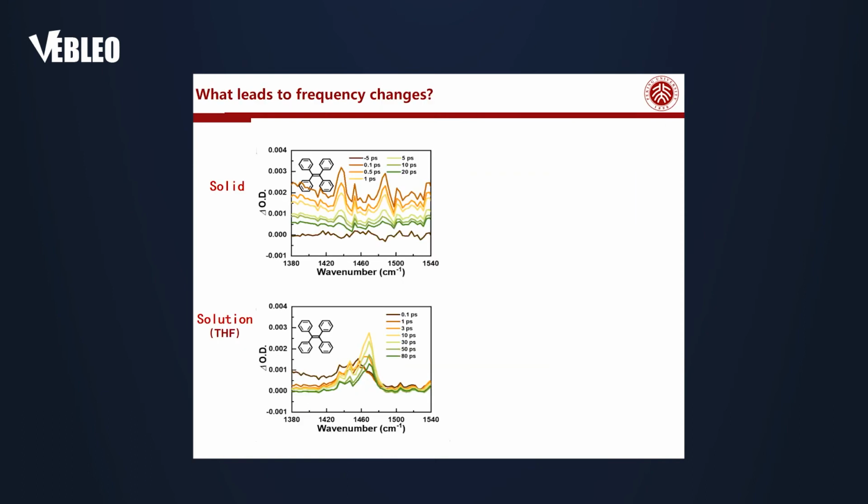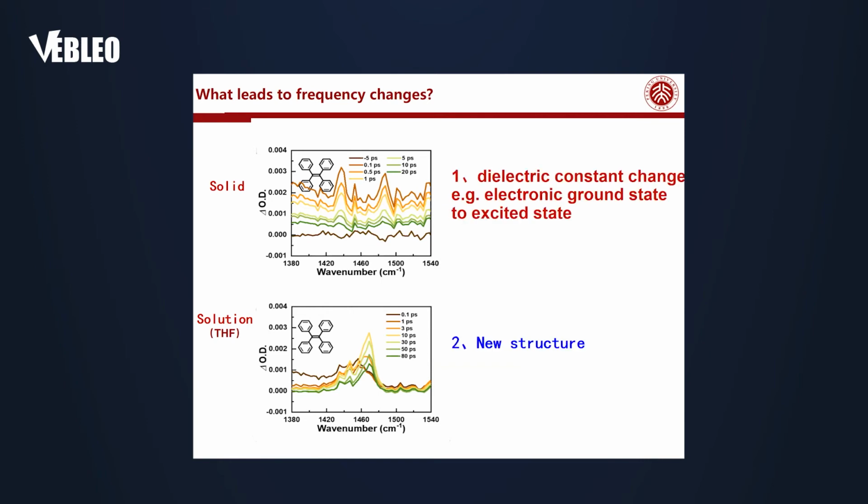And we know that in general, there are two possible reasons for the growth of new peaks in this type of ultrafast infrared measurement. The first one is the direct constant change induced by excitation, or the second one is the formation of new structure. We know that for the first reason, the signal must occur instantaneously. Well, for the second possibility, it will take some time for the new structure to grow.